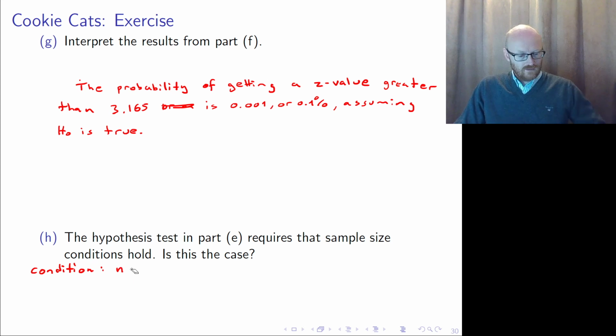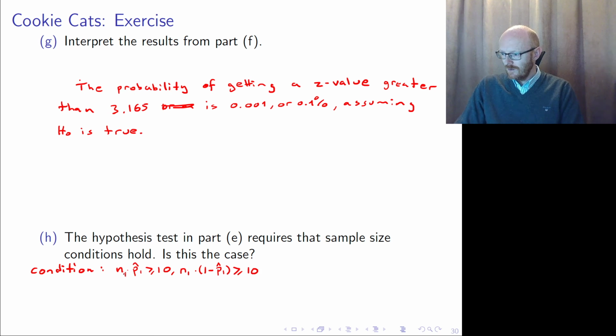N times the p hat 1 has to be greater than or equal to 10, and n1 times 1 minus the probability of a hit has to be greater than or equal to 10.